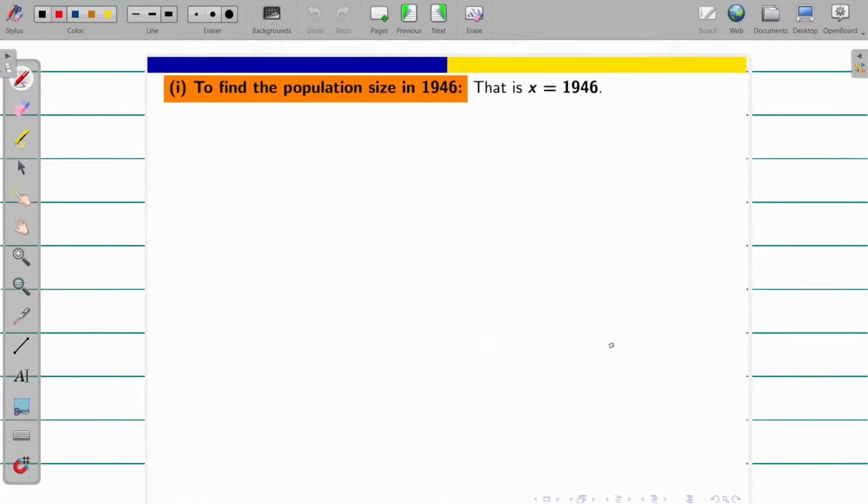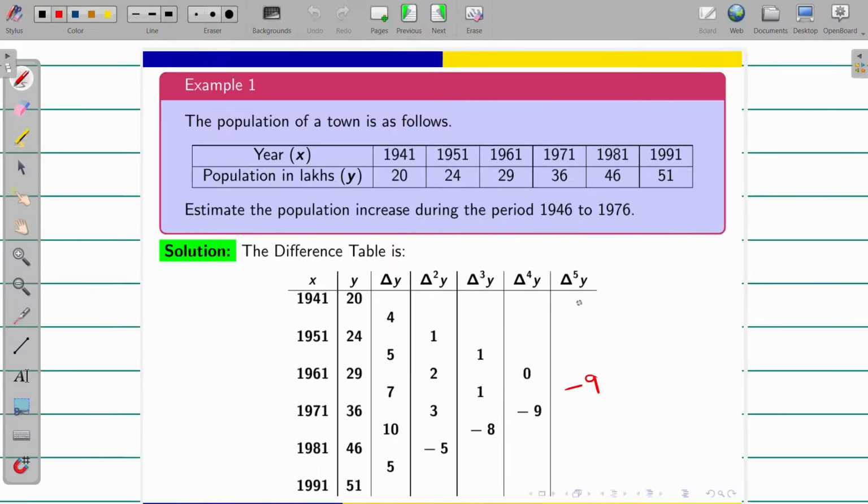Before that, I would like to explain one concept: from this table, how to take the forward and backward values. As I told you already, this is del y. The first value is delta y naught. Del square y, the first value is delta square y naught. The first value of del cube y is del cube y naught.